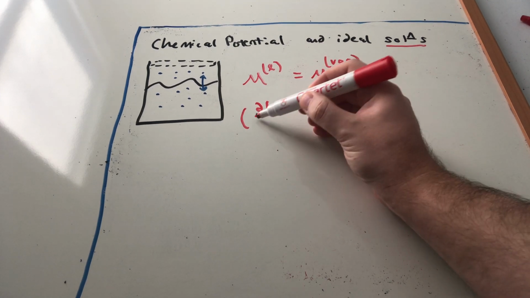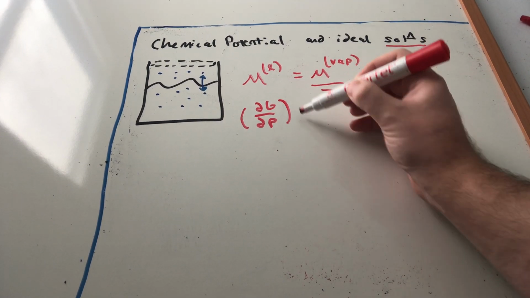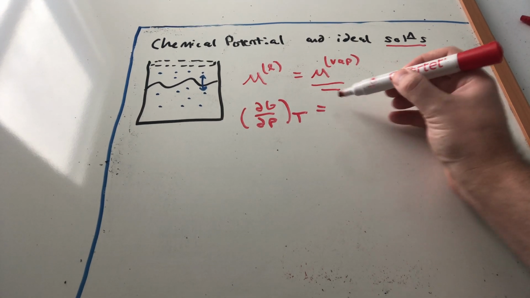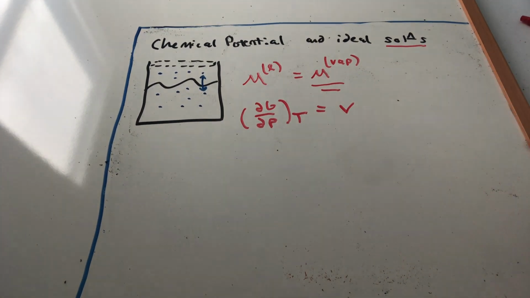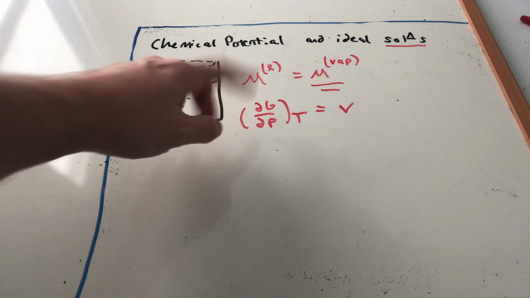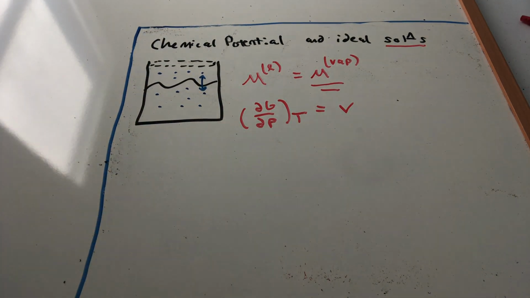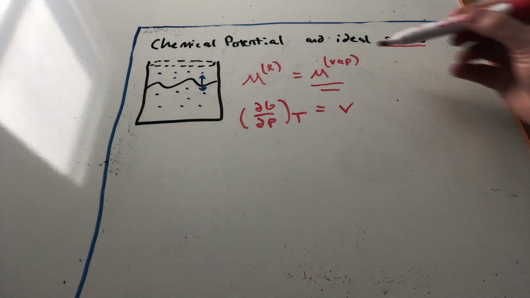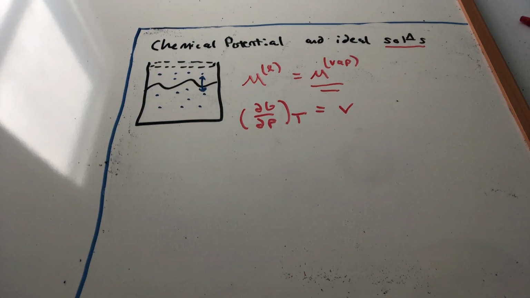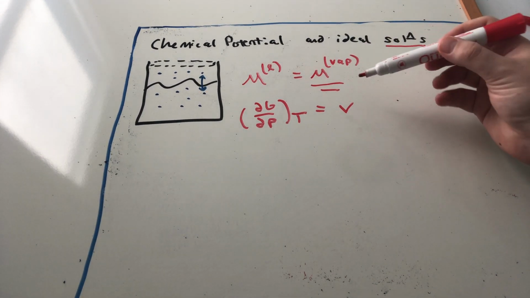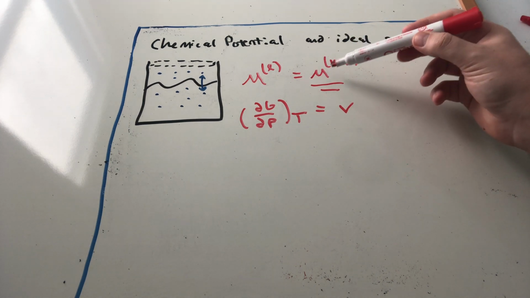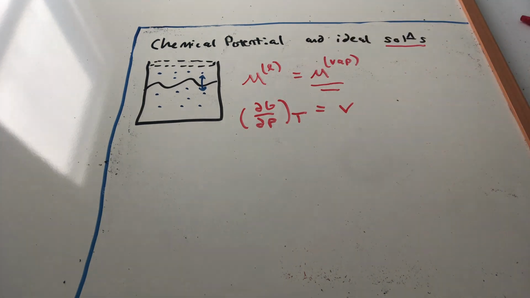If I look at a natural variable relationship that we derived, which is how G and P relate to each other in the context of an isothermal process, we have this starting point that we actually analyzed before for Gibbs energy. Now, what we're after here is information about chemical potential. If you remember how we turn Gibbs energy into chemical potential, it's all about introducing an n.